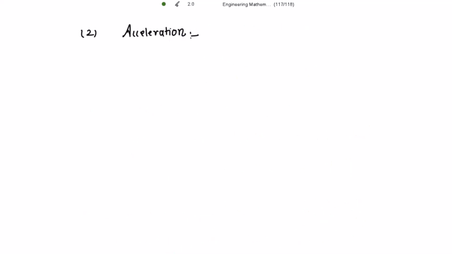Now for the acceleration. The acceleration is directed towards the origin. This we need to show. This is the origin. If we need to show that acceleration is directed towards the origin, that means we need to get the acceleration in negative. What is acceleration?